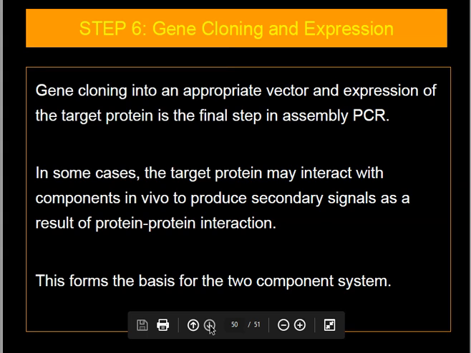Now, the reason why this method is not utilized in today's ecosystem, in the GMO or the genetic modification ecosystem, is because the assembly itself is not accurate and the procedure is time consuming.